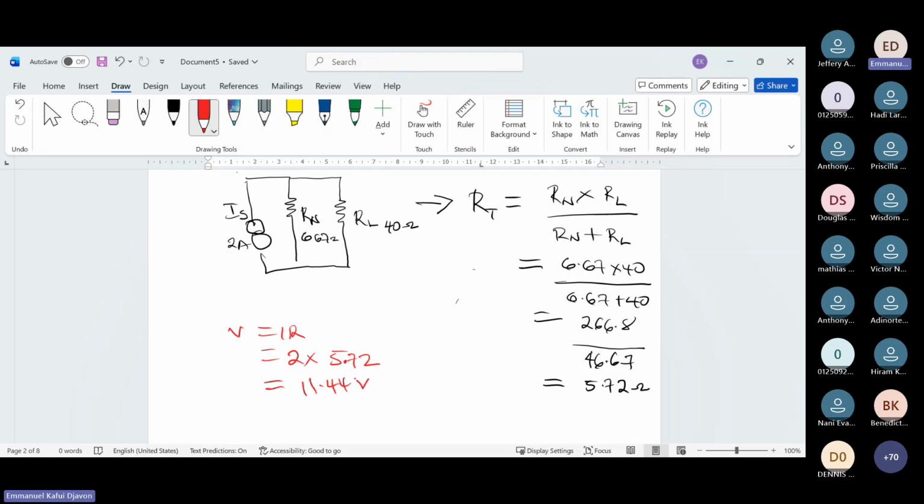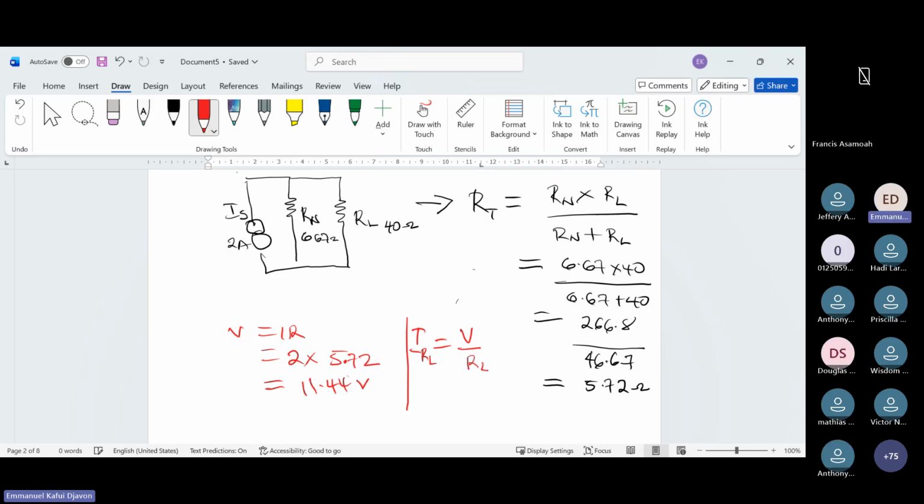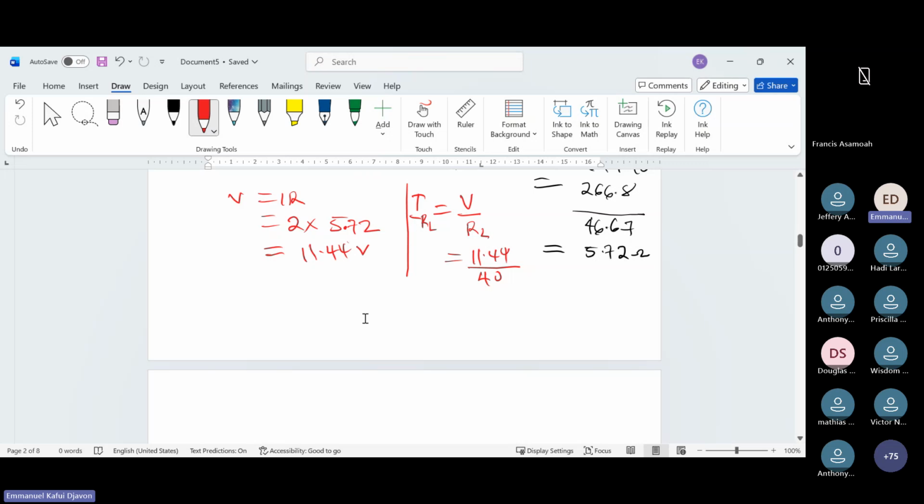So now, if we know the voltage, we can now look for the current. So to get the current in that resistor, IRL will be equal to the supply voltage all over RL. That will give me 11.44 all over 40.